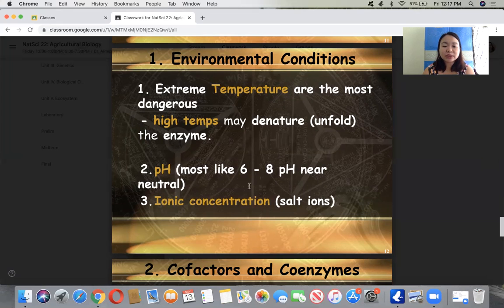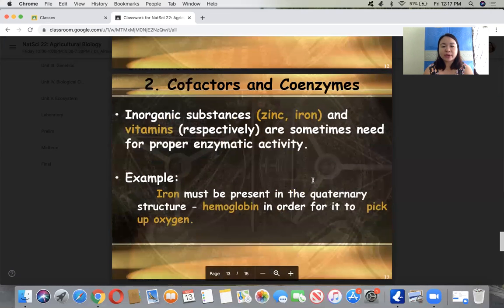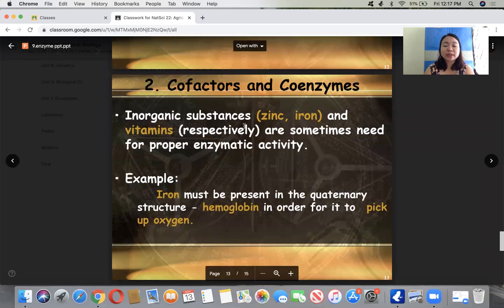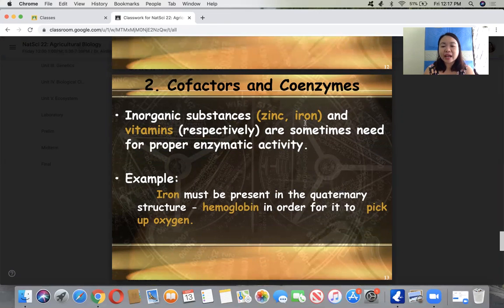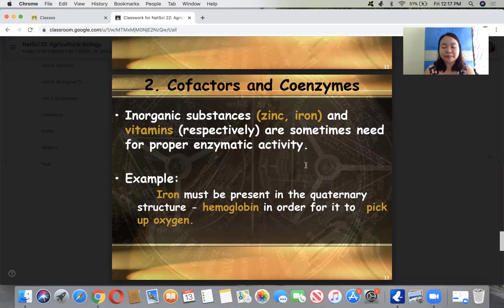And pH, most likely 6 to 8, which is near neutral, will also affect the enzymes, along with the ionic concentration or salt ions. So we also have cofactors and coenzymes. These are inorganic substances like zinc and iron, and vitamins respectively, which are sometimes needed for proper enzymatic activity.